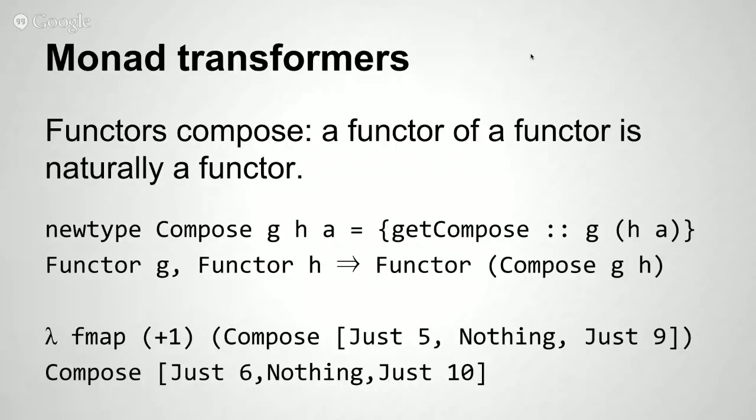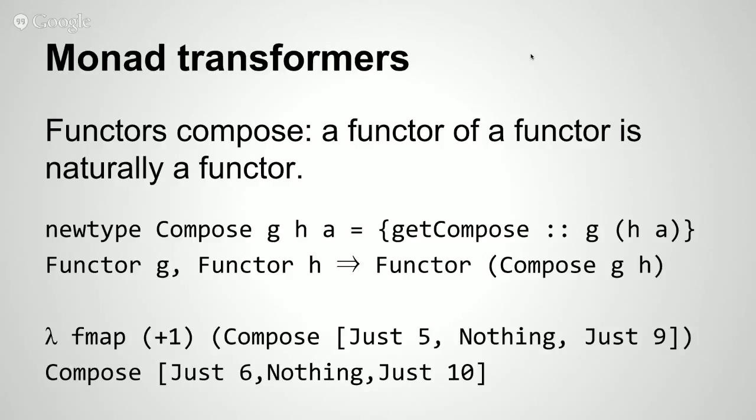So when you have functors, they compose. So for example, list is a functor, maybe is a functor. And a list of maybes has a natural functor. We have a new type Compose. Compose G H A is a wrapper around G of H A. So H and G are both container types.